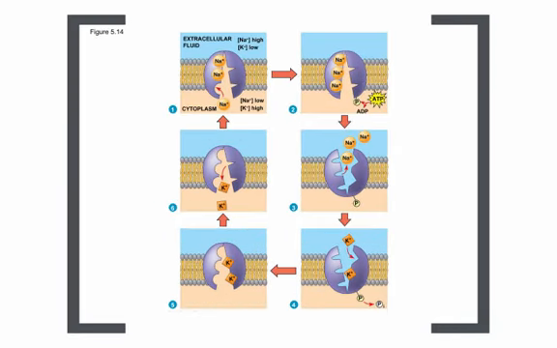Now the result of this is not just that we've increased the concentration of sodium outside and increased the concentration of potassium inside, but because these molecules are charged, we've also now got a lot more pluses on the outside than the inside because this was an uneven exchange. This creates what's called a membrane potential.